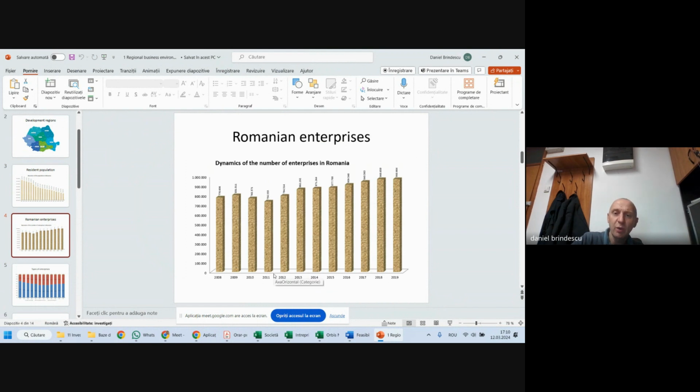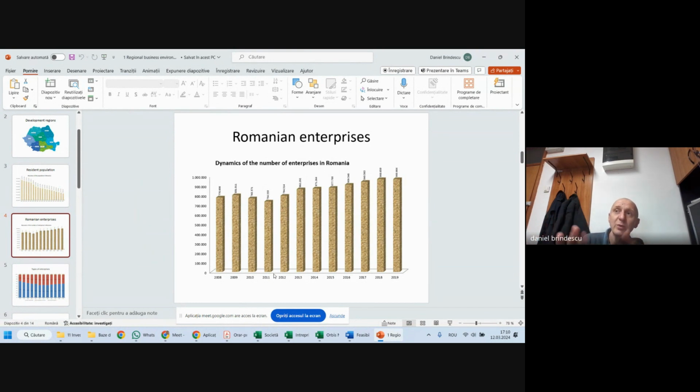Here I have the number of the Romanian enterprises, and I'm going to show you more recent data. You can see here the dynamics of the number of enterprises, not commercial companies only, enterprises in general. By that I mean commercial companies, but I also mean authorized physical persons, family enterprises, individual enterprises, right?